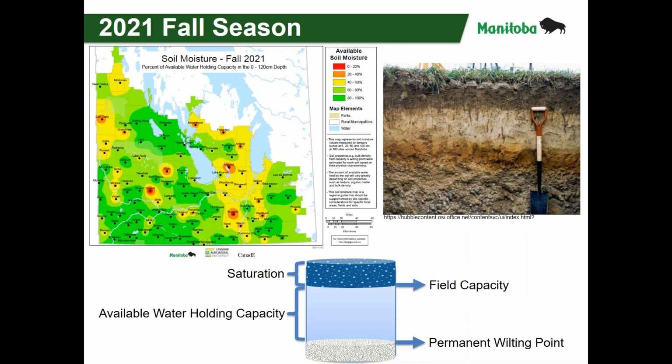But by the time we reached October, and with the precipitation we received in the fall, many of the cracks filled in, but we're still at quite a bit of deficit going into the fall.